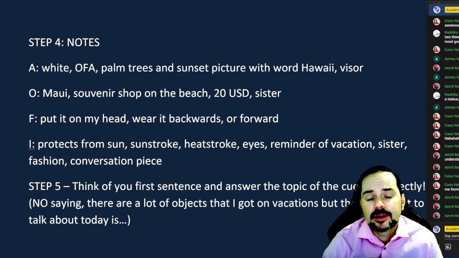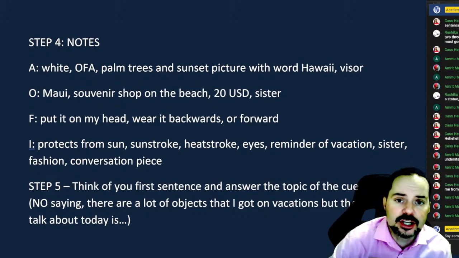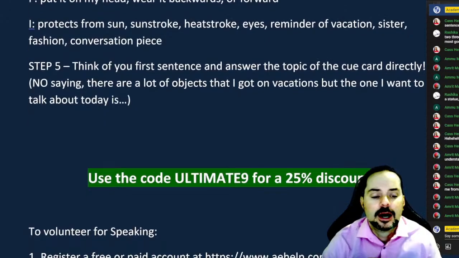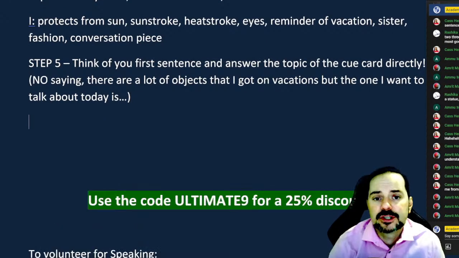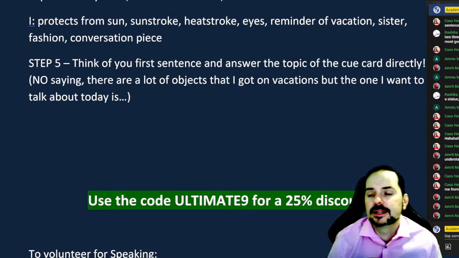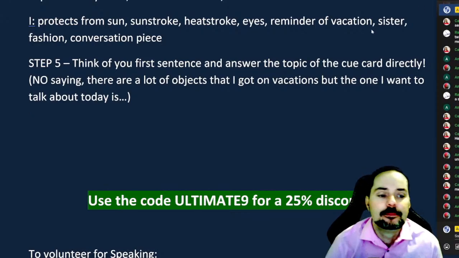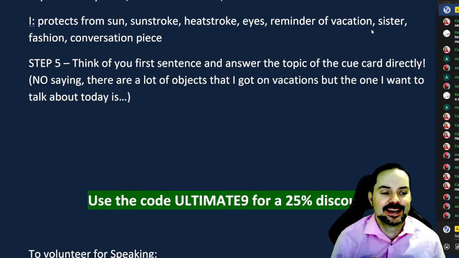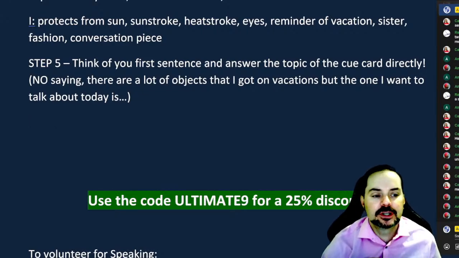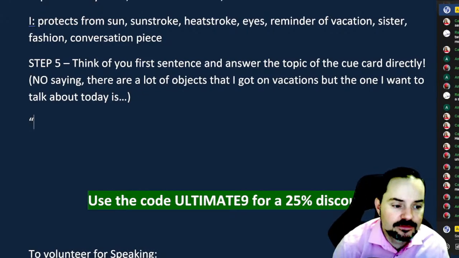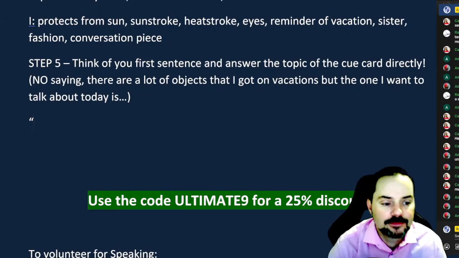So here, I'll give you my first sentence. Give me a sentence using this baseball hat or baseball cap from Maui, okay? So here we go. I'm going to give the first sentence. You give the first sentence, and then we'll compare, okay?